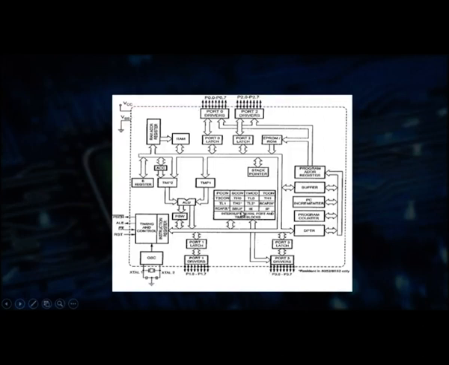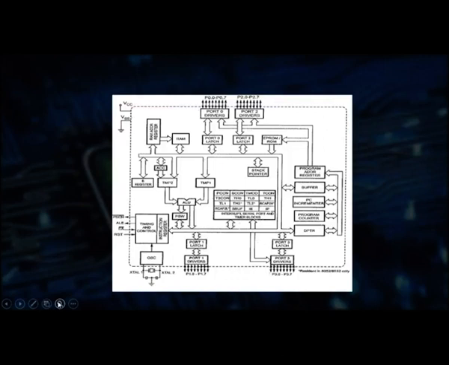Port 1 has 8 bidirectional signals used only for input and output lines. This is port 2, which has 8 bidirectional lines used for input output, along with the remaining higher address lines A8 to A15, which are multiplexed with it. So, port 0 and port 2 are used to generate the 16-bit address.